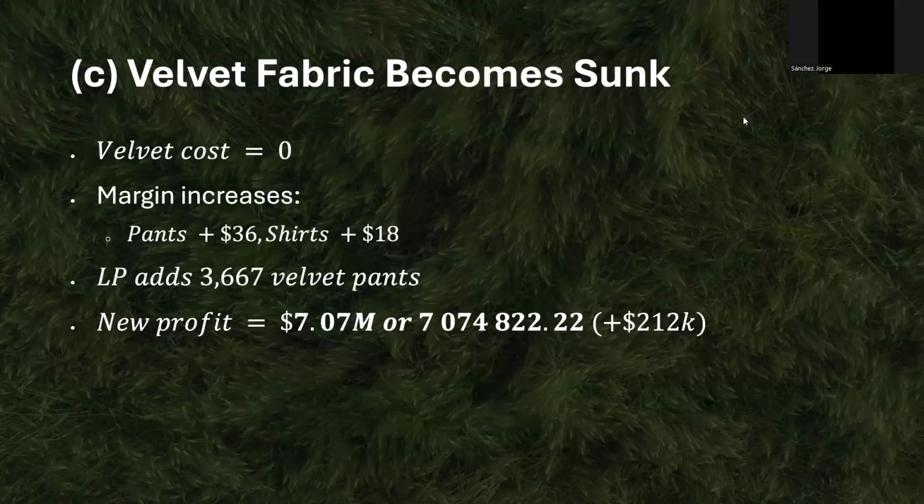Then we have the scenario where the velvet fabric has no resale value. This changes the economics of using the velvet. So the velvet costs zero, and our margin increases because we have the pants that give us $36 and the shirt that gives us $18.